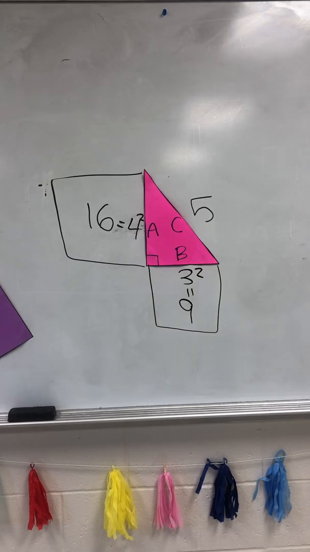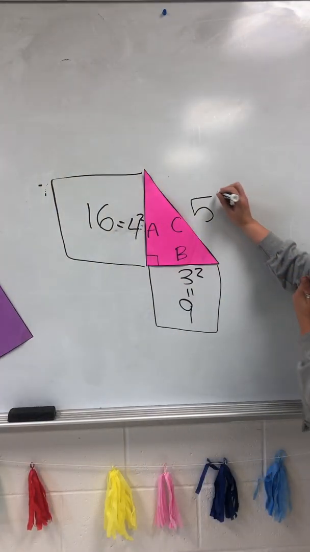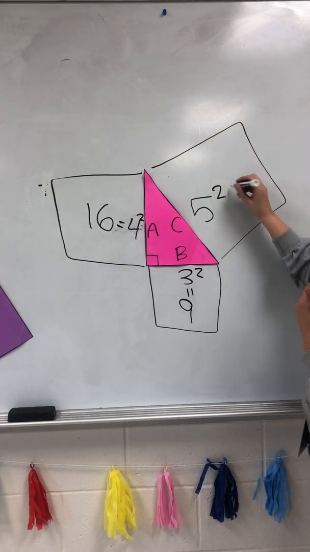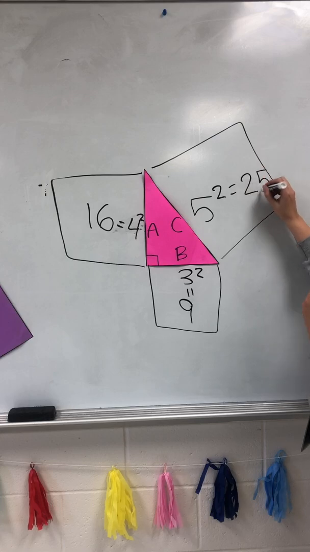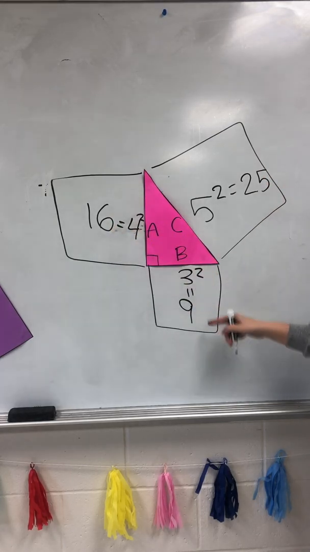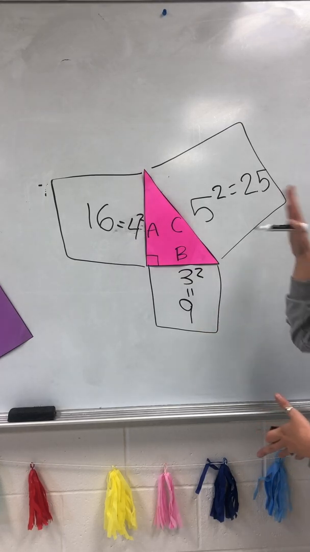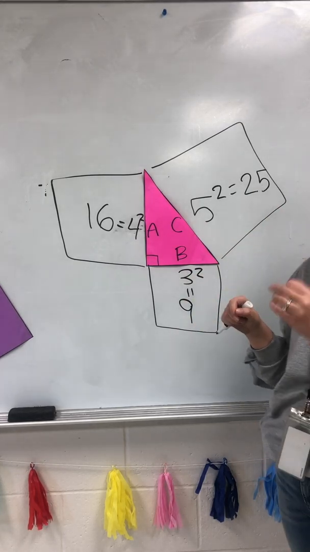This would be equal to the area of this one squared. 5 squared makes 25. And we know that 16 plus 9 makes 25, so it works. So this is kind of a rundown of why it works, the behinds of why it works.